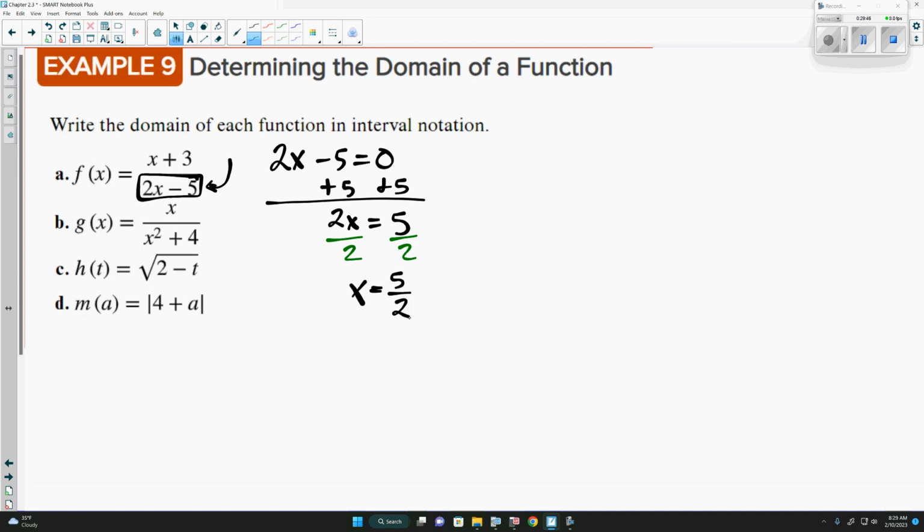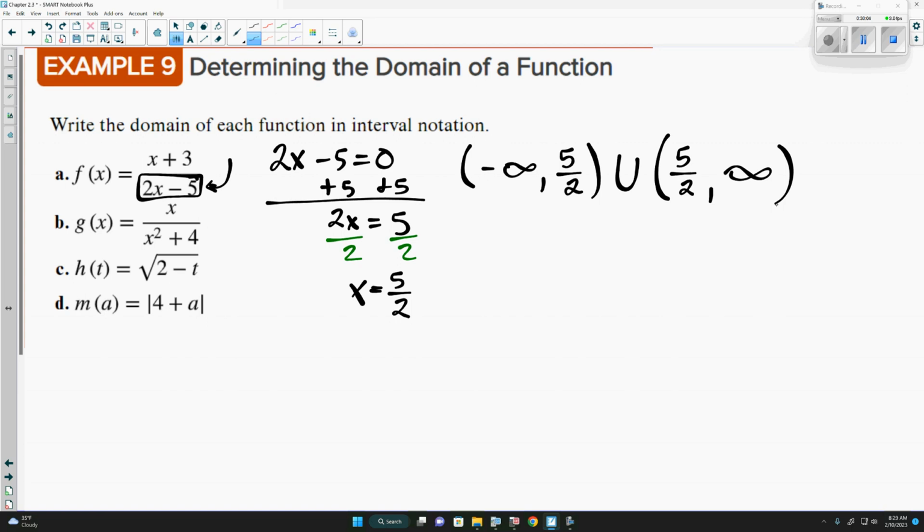So if we want to write this in interval notation for the domain, we would say negative infinity to 5/2, union 5/2 to infinity. And that's the domain. It's really saying everything except for 5/2.